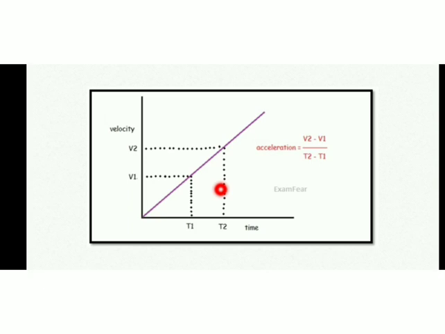So you can just note down these 3 points in your notebook. The slope of the distance-time graph gives us speed. The slope of the velocity-time graph gives us acceleration. The area under the velocity-time graph gives us displacement, the magnitude of displacement.